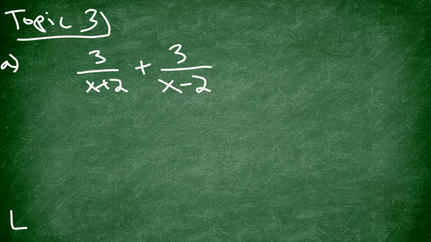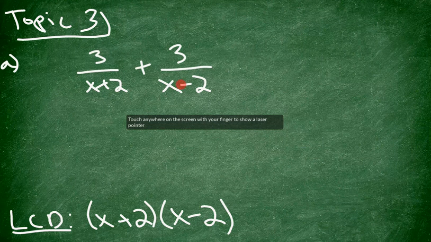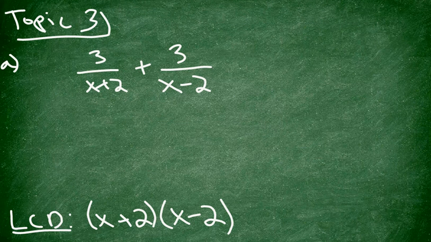So you should see that both of these have a unique denominator, so my LCD is just going to be x plus 2, x minus 2. There's no sort of factoring that I need to do, right? Everything's in its prime factorization, so I can very easily see, oh, okay, this has an x plus 2, this has an x minus 2, so I have to combine them, right? There's not even any sharing amongst the denominators there.